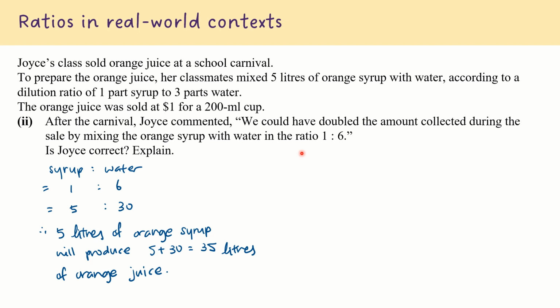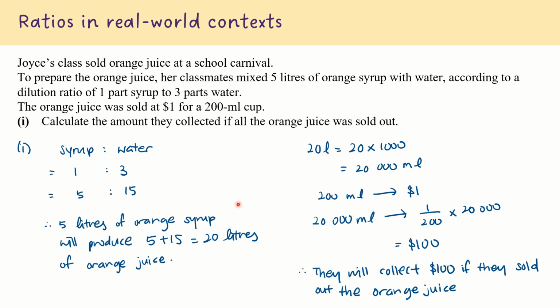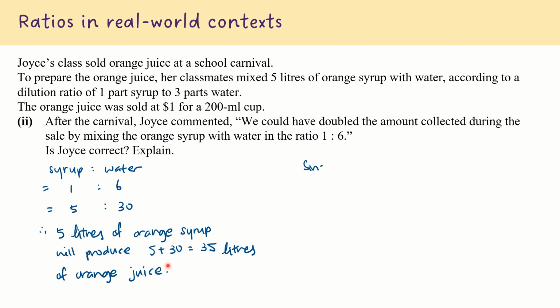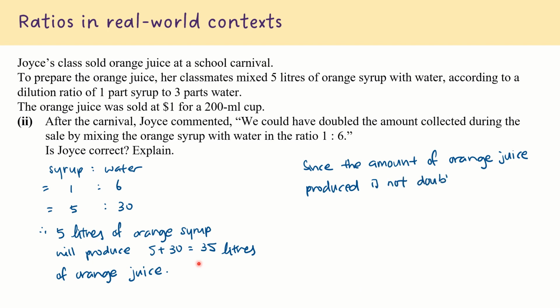So with 35 liters of orange juice, because earlier on, we saw that we had 20 liters of orange juice, and 20 liters of orange juice will give us $100. And now because we have 35 liters of orange juice, which is not double the amount of 20 earlier on, therefore, logically speaking, we will not be able to double the amount of money collected.